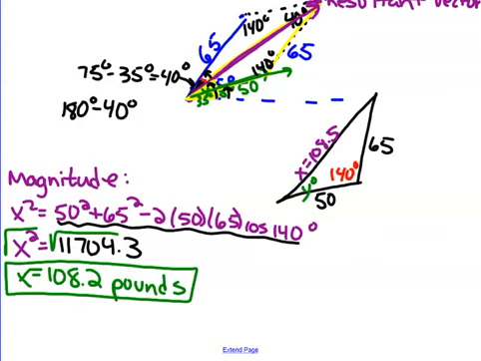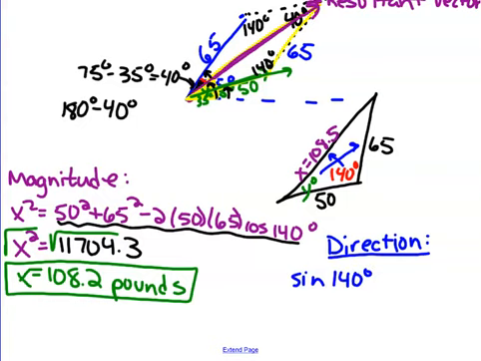But now for the direction, I can use the law of sines because I can go angle over side equals angle over side. Sine of y, let's go ahead and go sine of 140 over its opposite side. It doesn't matter. And then sine of the angle over its opposite side.